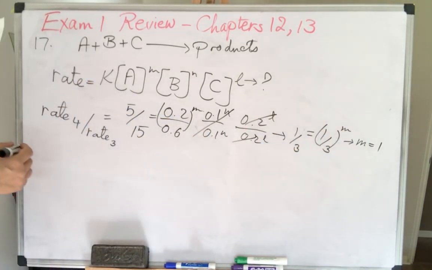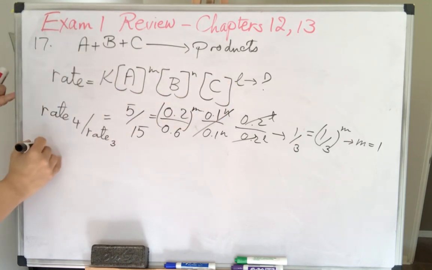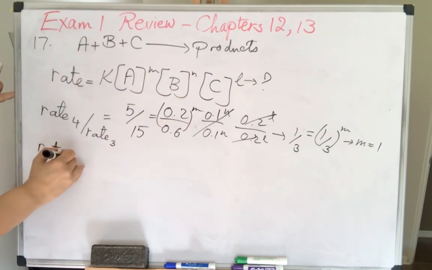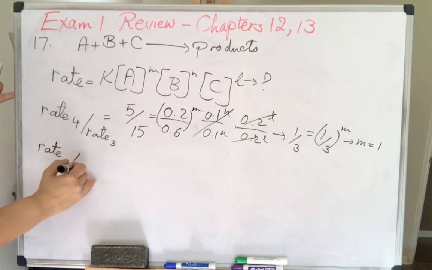In order to find n, let's find the two sets of experiments where A and C are constant. So it takes us to comparison between rate of 5/2.